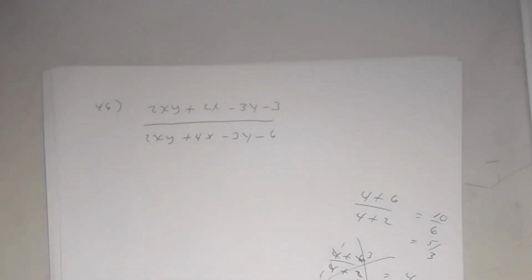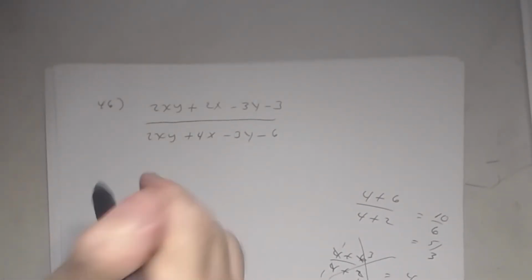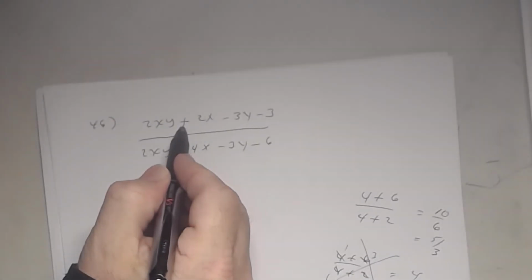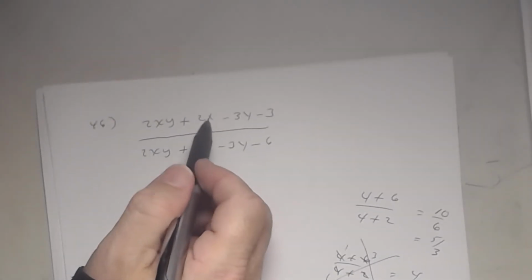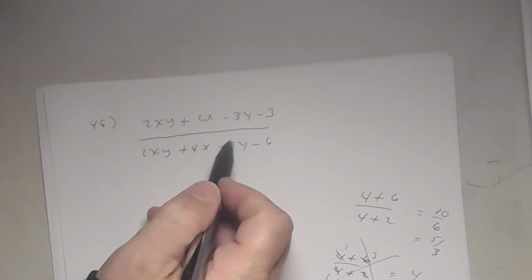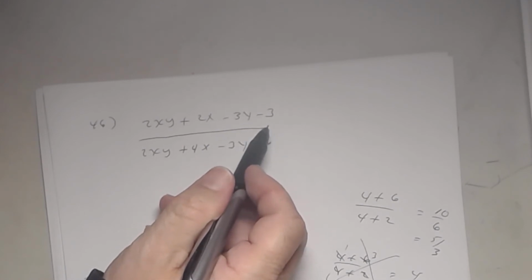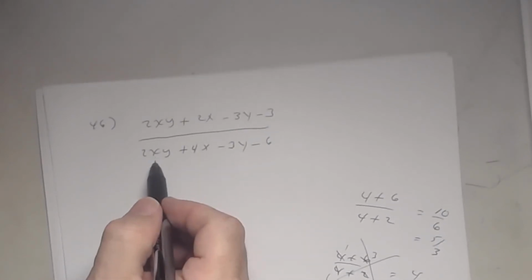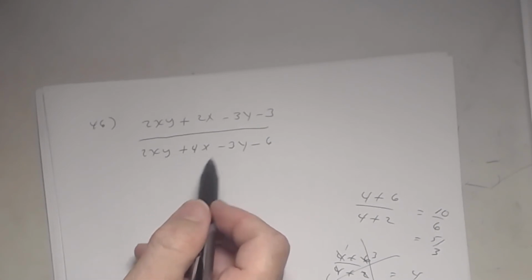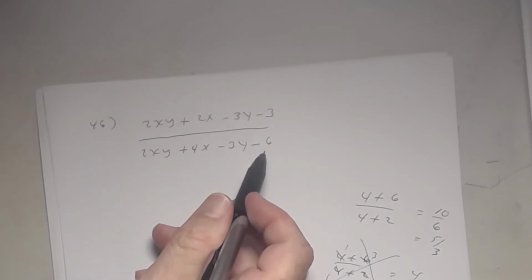That's not the same thing. So you can't do that. You can only reduce factors. 2xy is not a factor because of that addition symbol. It would have to be 2xy times 2x times 3y times 3, and this would have to be 2xy times 4x times 3y times 6.